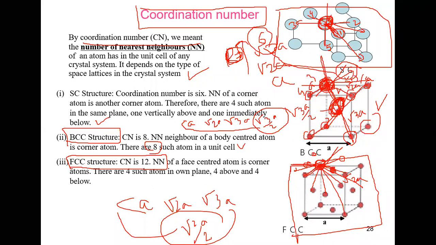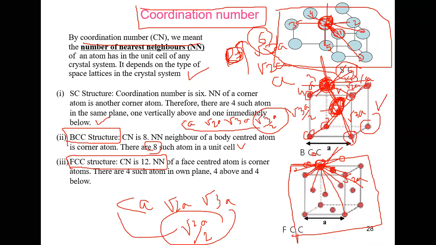You see, consider the room that you are sitting in, your own room, as one unit cell of the face-centered cubic crystal structure. If you locate yourself at the center of the room, that means the center of the floor, the 4 corner atoms are at a distance root 2a by 2.